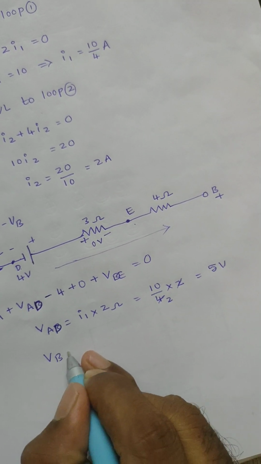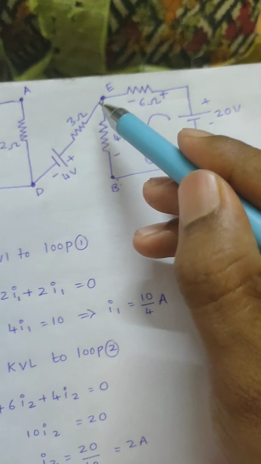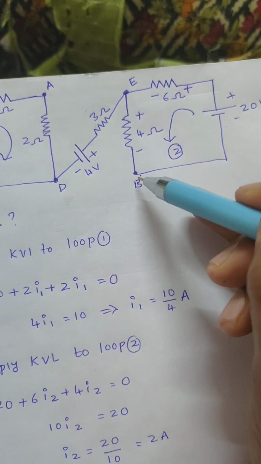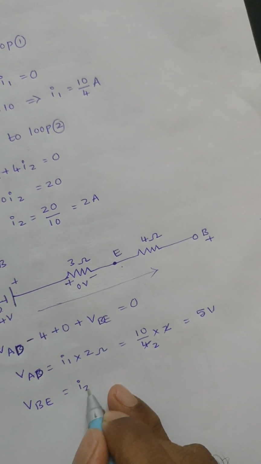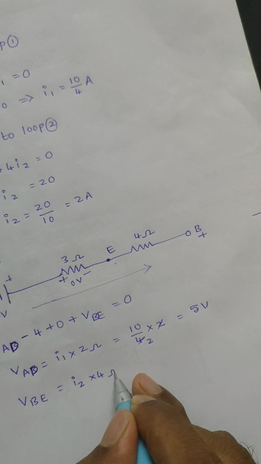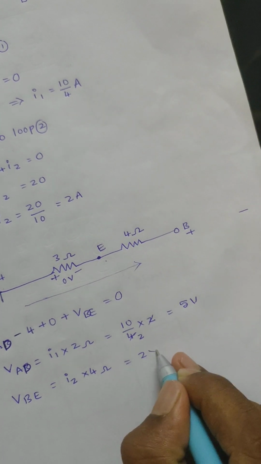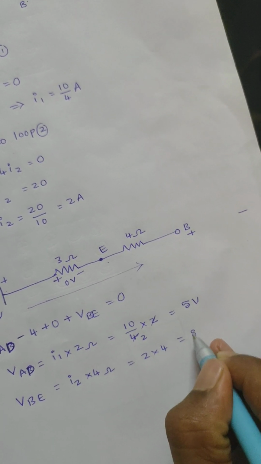Similarly, VBE is the voltage between B and E, which is nothing but 4 I2, I2 into 4 ohms. I2 value is 2, so 2 into 4 is 8 volts.